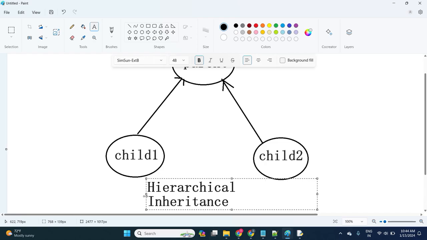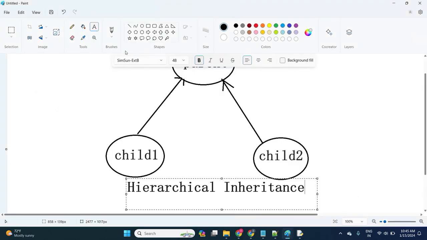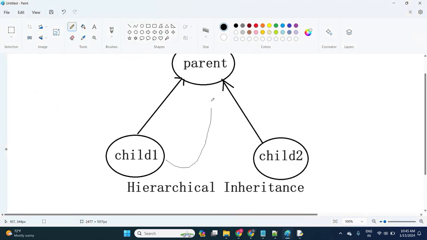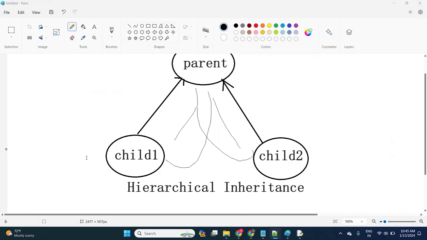So hierarchical inheritance means what? The concept of inheriting the properties from one class into multiple classes which are present at the same level is known as hierarchical inheritance.